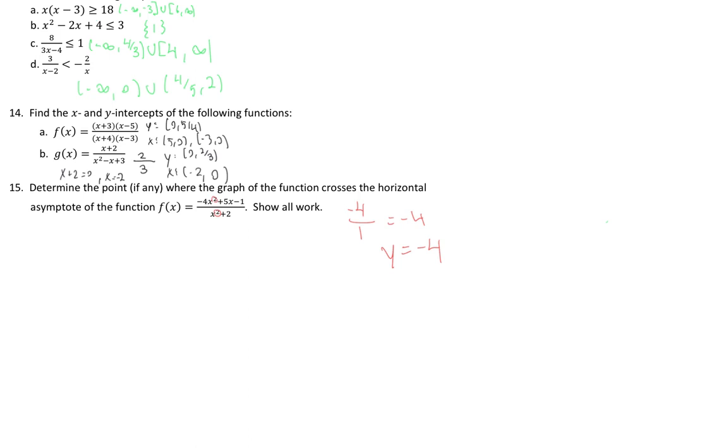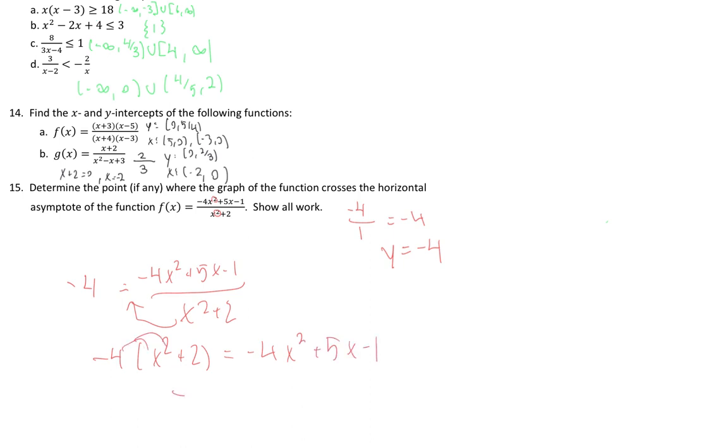So to figure out where it crosses, we'll put -4 equal to minus 4x squared plus 5x minus 1 over x squared plus 2, and we'll try and solve for x. So I'll multiply that over. So minus 4 x squared plus 2 equals minus 4 x squared plus 5x minus 1.